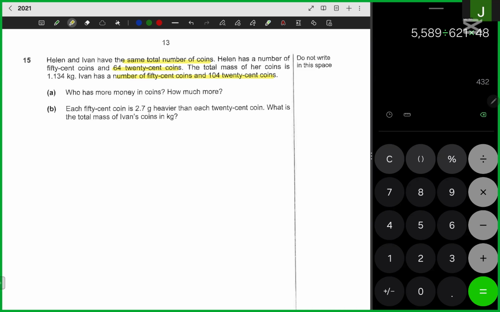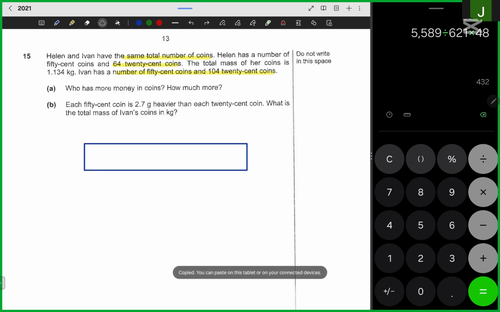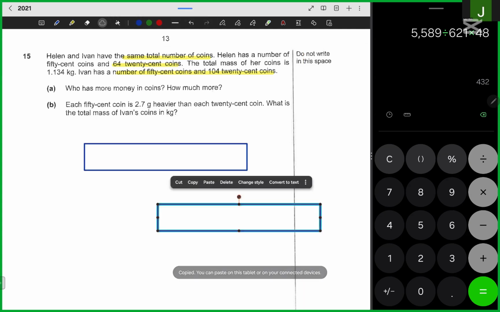Then who will have more money? The one with more 50-cent coins. But who has more coins? Helen. How much more? Let's find out. Firstly, they must have the same number of coins. So I draw one very, very big model like this.